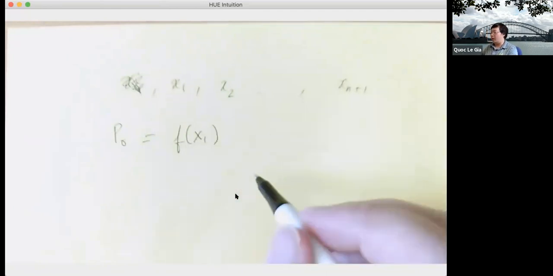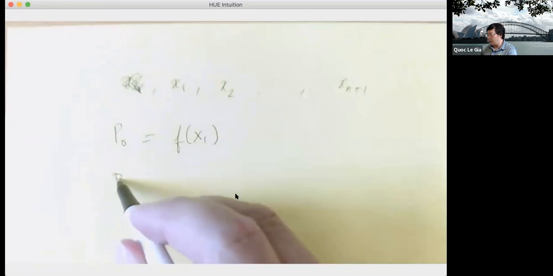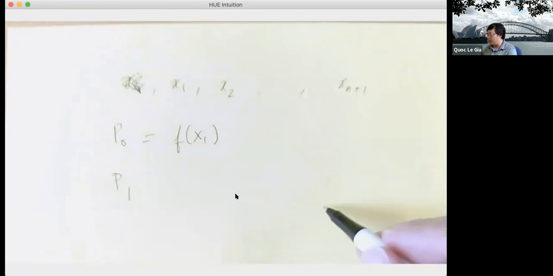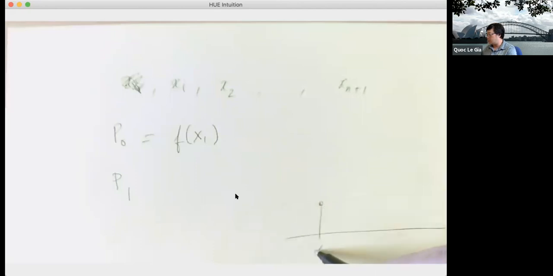Okay, and P1, so this one is x1, yeah? This one is x2. So this one is f of x1, the first point, and the second one is f of x2.